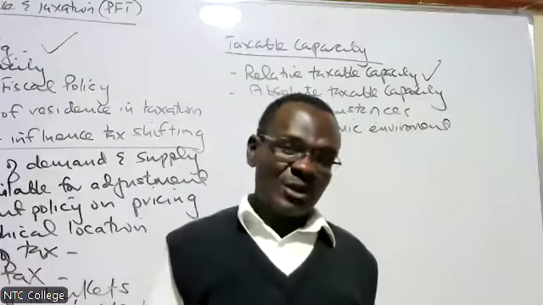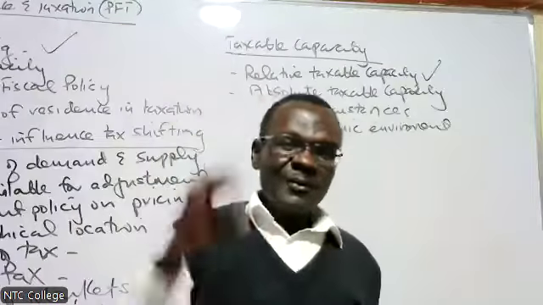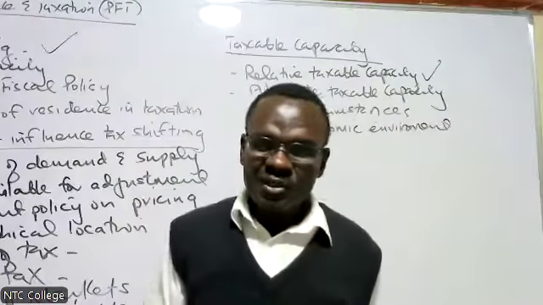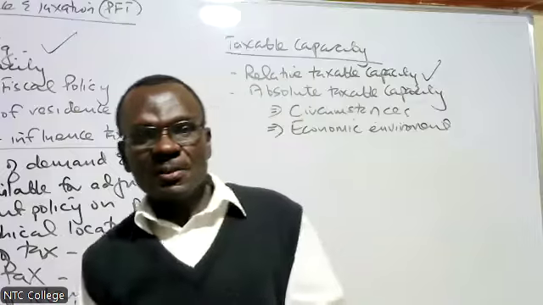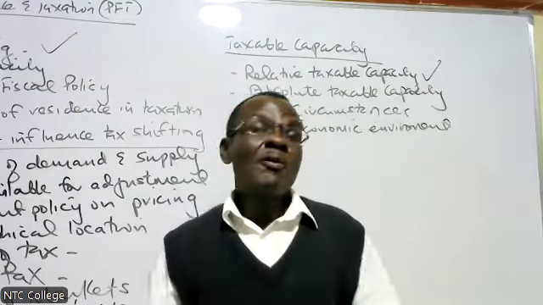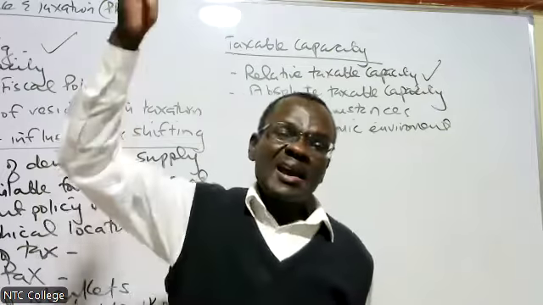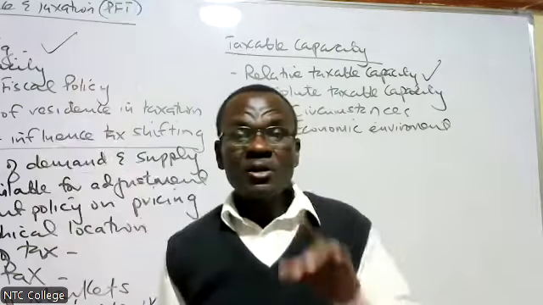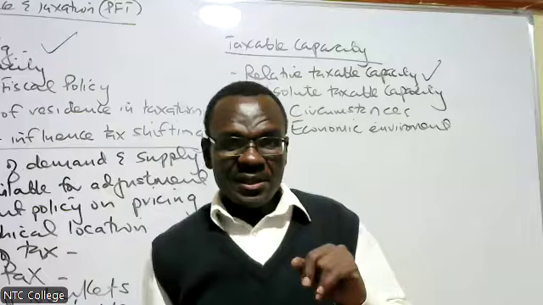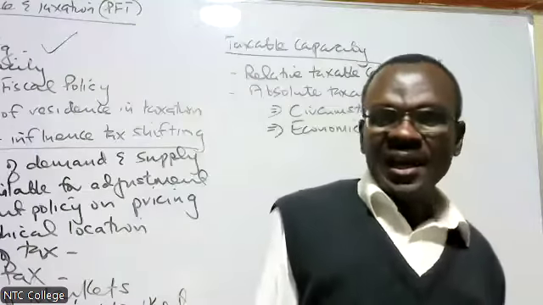Currently it is 24,000 a month. So if you earn 24,000 and above, then you'll be taxed and so on. And then they try as much as possible to make sure people on the same income level pay the same tax. Those who are higher pay more tax and so on. That's called relative taxable capacity. Now that is more common.